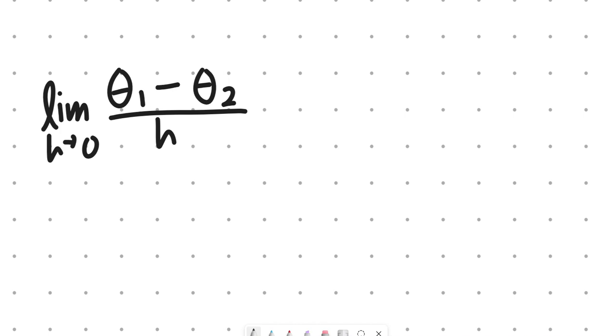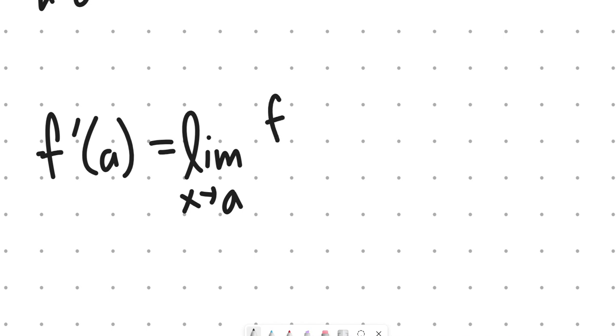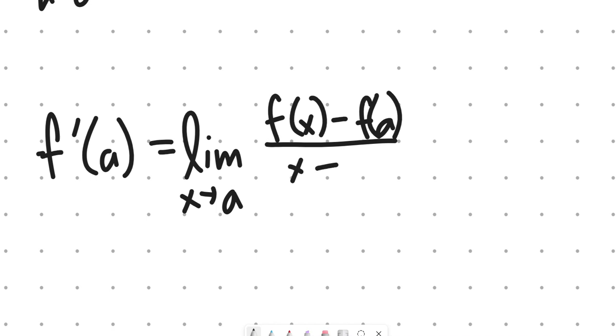So the secant line passes through 2 points on a specific function, and when we want to take the gradient of any function at a given point a, it is equal to the limit as x approaches a of f of x minus f of a all over x minus a.